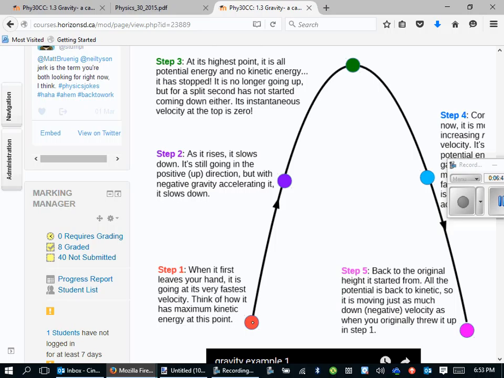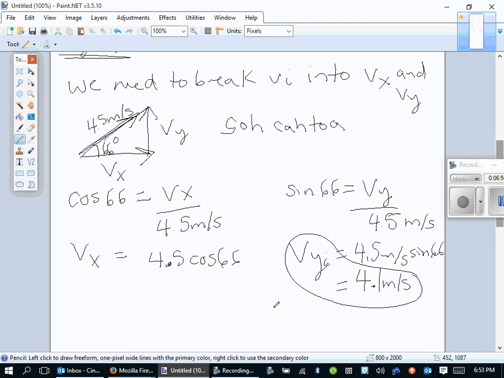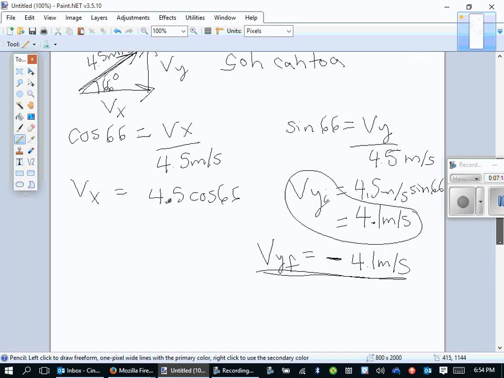So if we're going 4.1 meters per second up, when it comes back down it's going to be negative 4.1 meters per second. So my Vy final, using that principle, is negative 4.1 meters per second. Okay, so this is something that we needed to know. Let's look at what we have here.